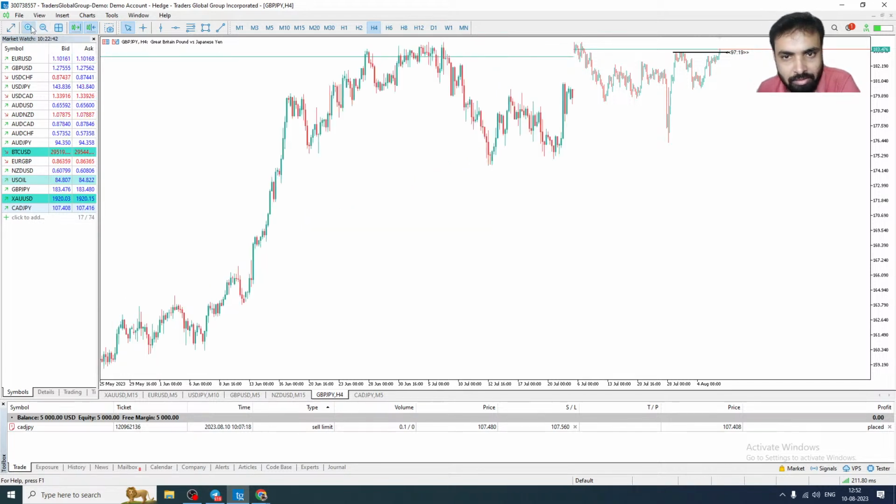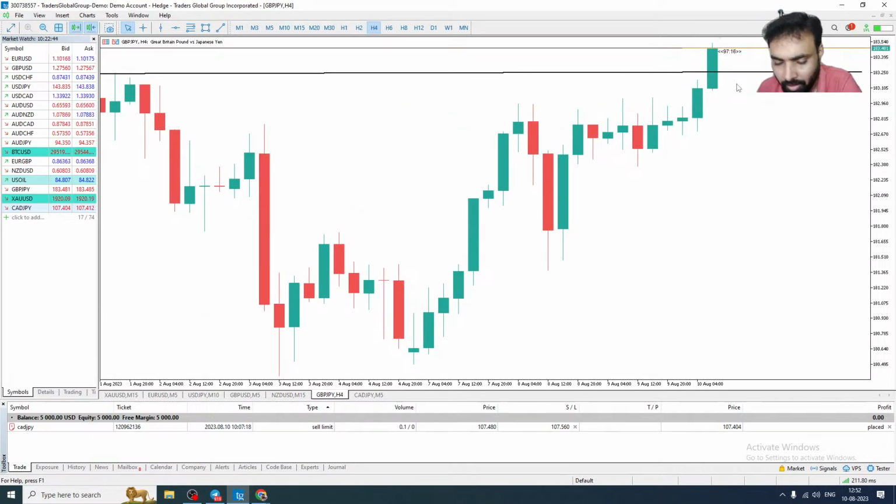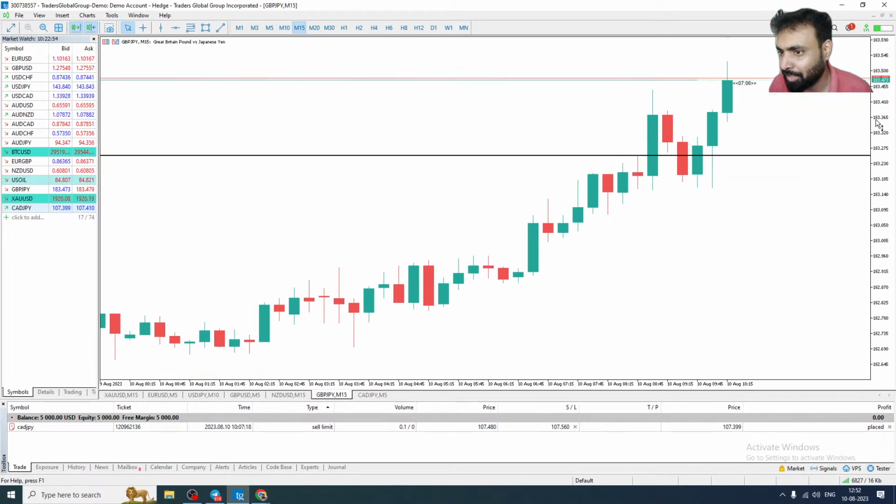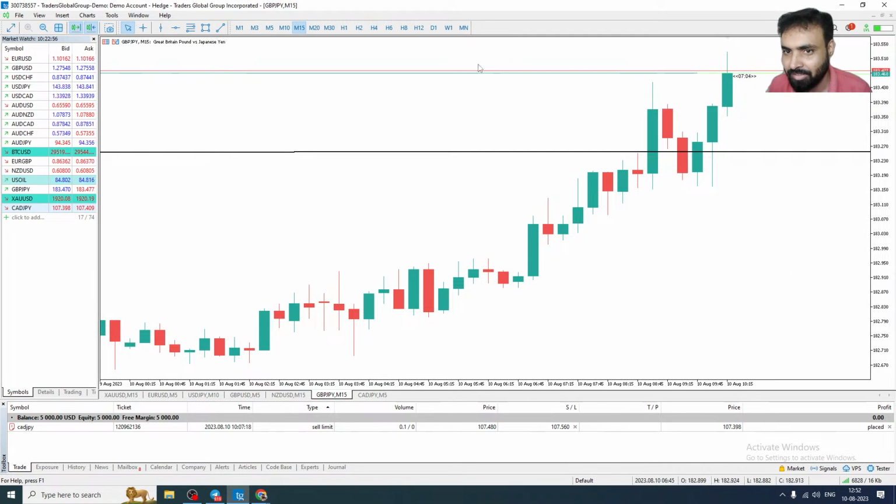Now I can tell you that every time liquidity is taken, market can reverse. So we are looking for that reversal here. You can see it looks like it has already broken the structure in 15 minutes. But I'm looking for the reversal. I'm expecting one break. This one.